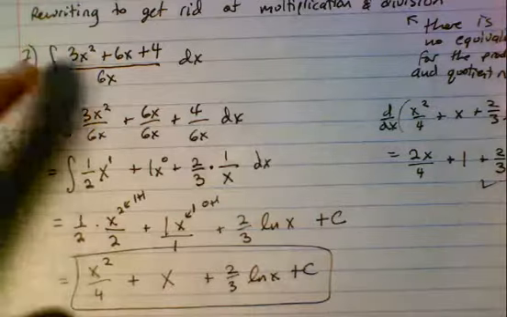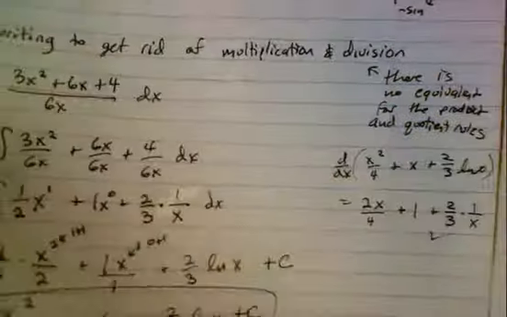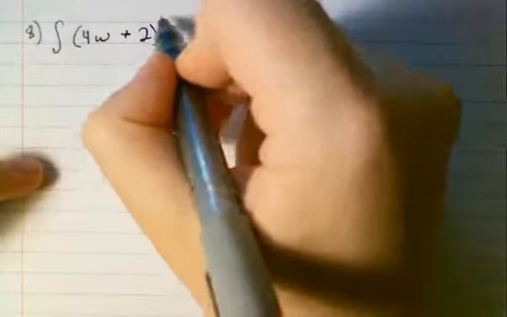So this problem gets rid of division. Let's look at another problem for getting rid of multiplication. So let's say that we have a problem like this. We're doing the antiderivative of 4, let's do w for a change in variables, and all that's squared.